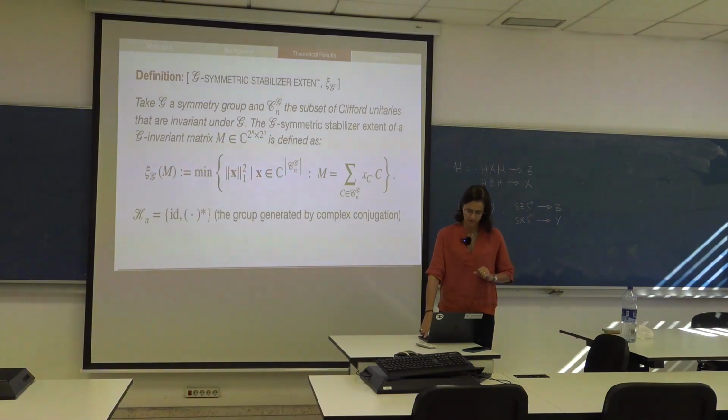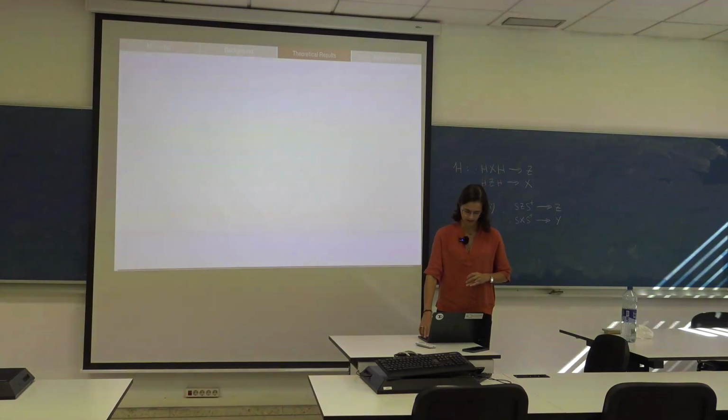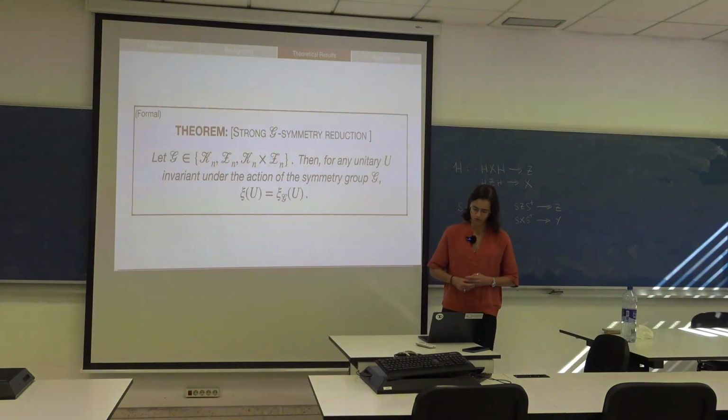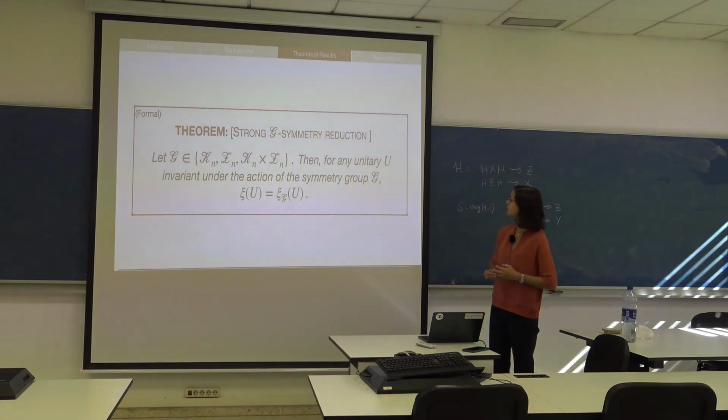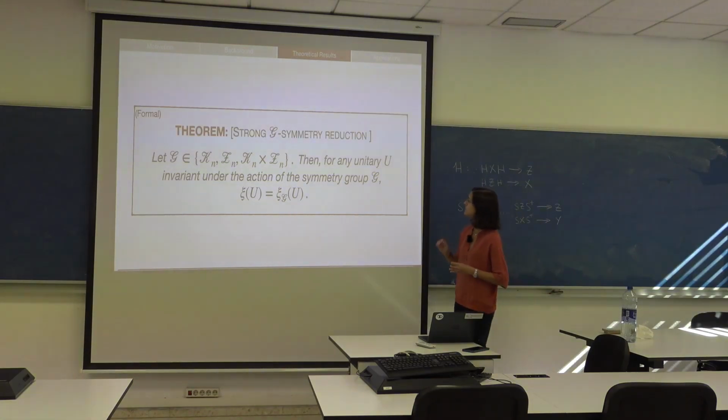We're going to talk about some symmetry groups: the group generated by complex conjugation in the computational basis, and the group generated by diagonal Paulis. For those groups, we have the following theorem that we call the strong symmetry reduction.